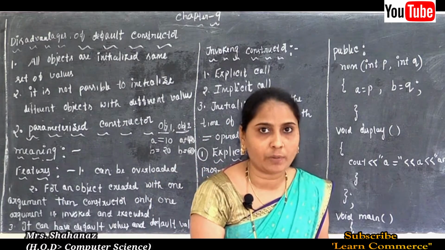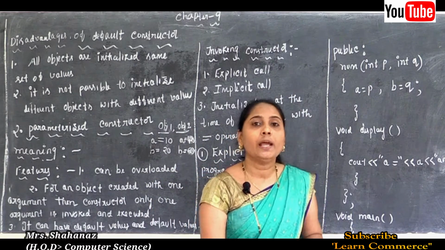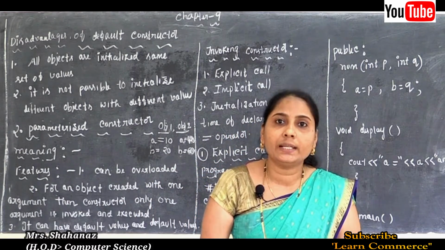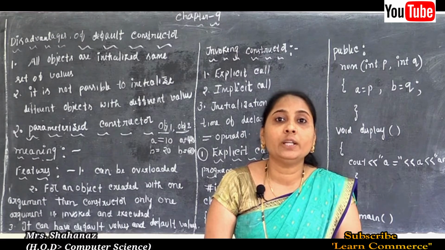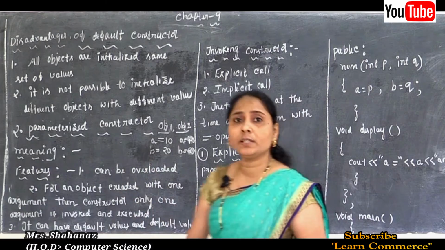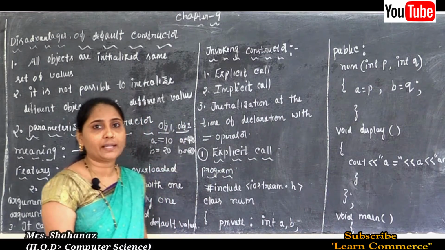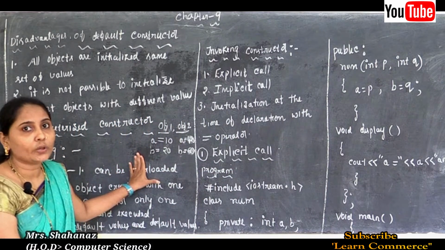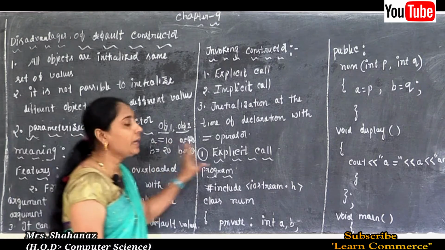That means by using our parameterized constructor it is possible to initialize different values to different objects. Clear this point? The parameterized constructor is also invoked automatically by the compiler.